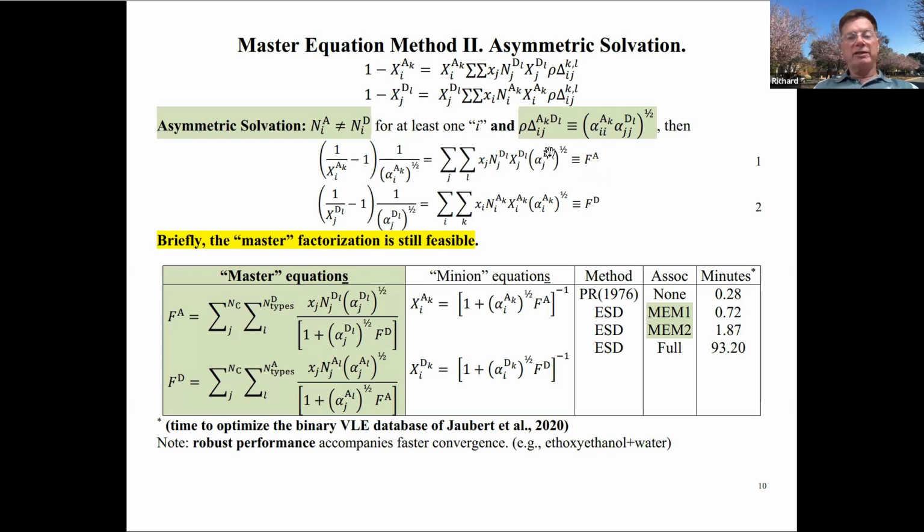But when you do that, you find, again, you can still factorize these double summations, still comes out to be a scalar number, and you still end up with these subscripted quantities on the left-hand side in terms of a scalar number on the right-hand side.